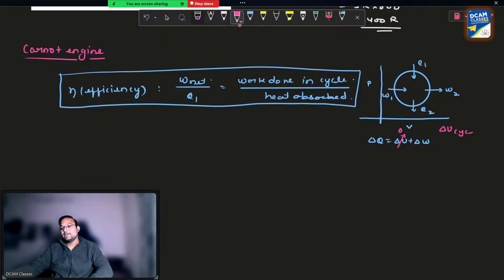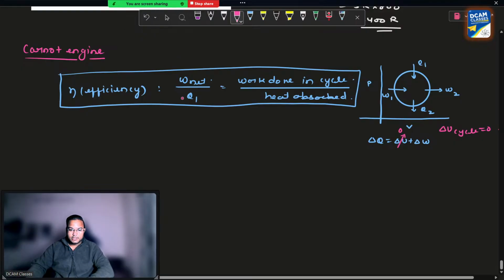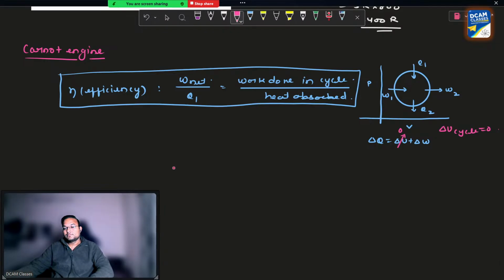Delta U in a cycle is zero because it's a point function. It depends on the initial and final points, and when you start from a point and again reach that point, the total change is zero. That's why delta U in a cycle is always zero. So delta Q is equal to delta W in a cycle.